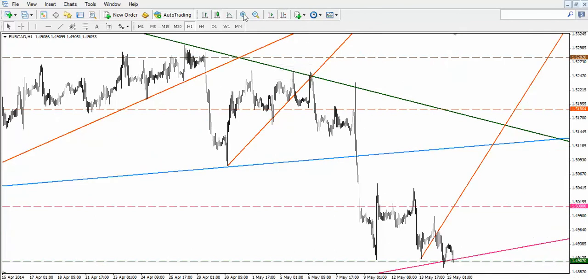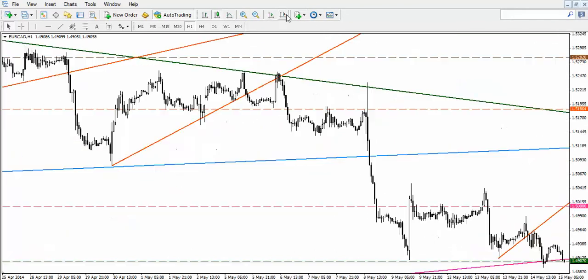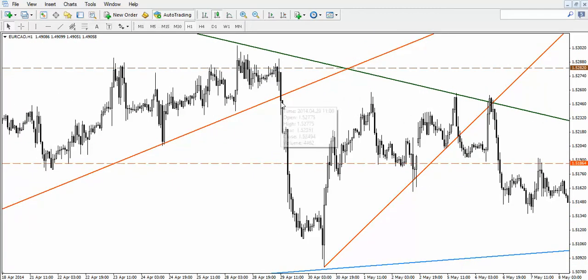I would need to check my notes, but I'm pretty certain that I entered on this break of that trend line, and it looked really nice. By here I was down to break even, and then it just reversed and took me out. So that was unfortunate, but a break-even trade.